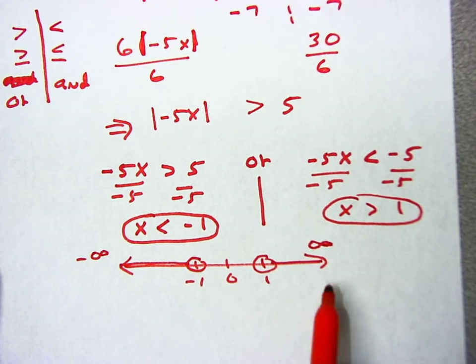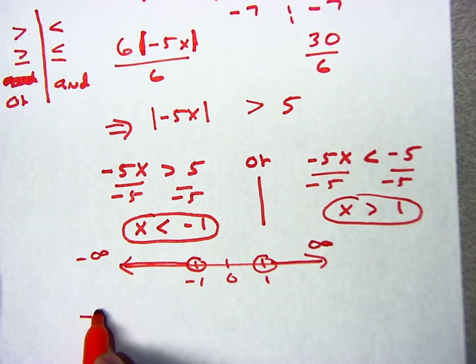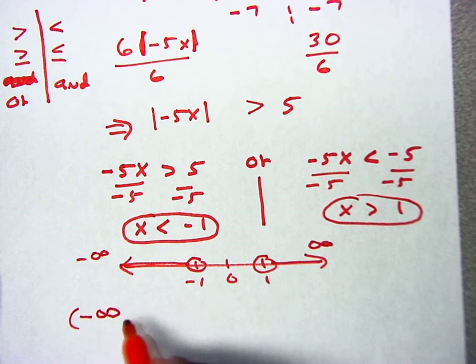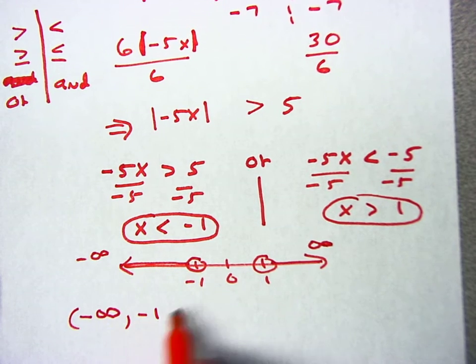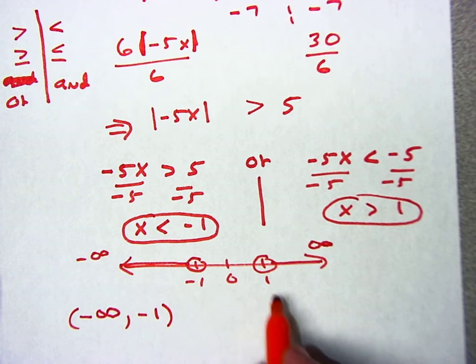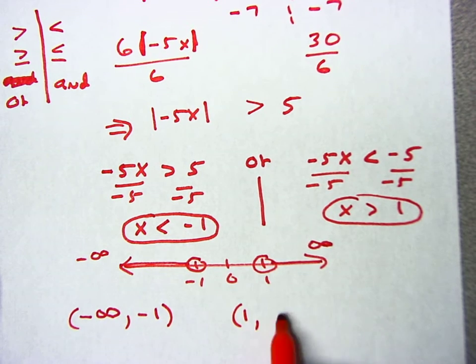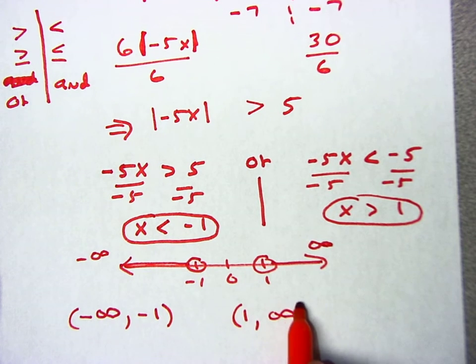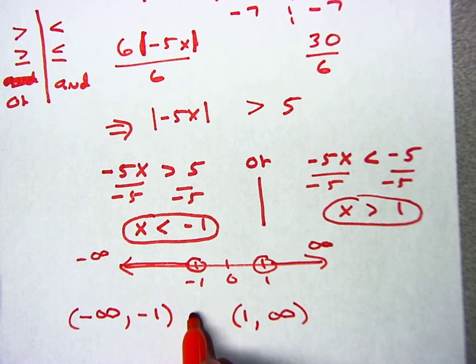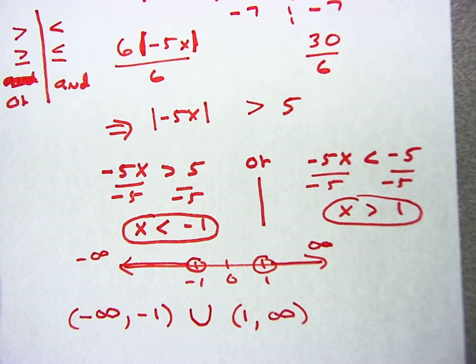You just follow the number line. I'm going to go negative infinity, which is always parentheses, comma, stop at negative 1, not colored in, parentheses. Over here, 1, parentheses, it's not colored in. Stop at infinity. Remember that or means unite, so put the union symbol here.